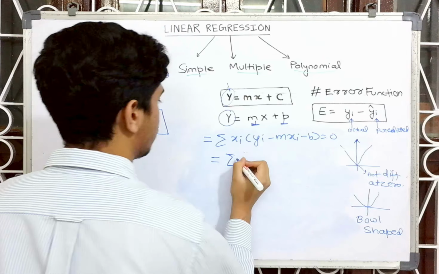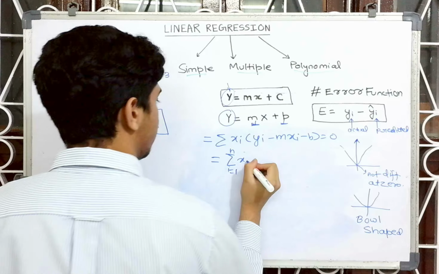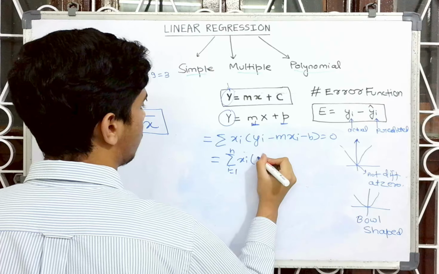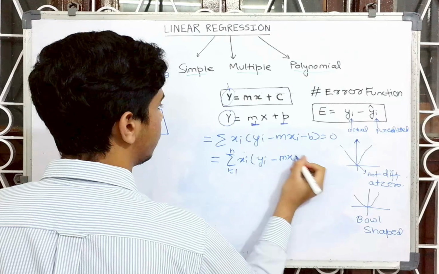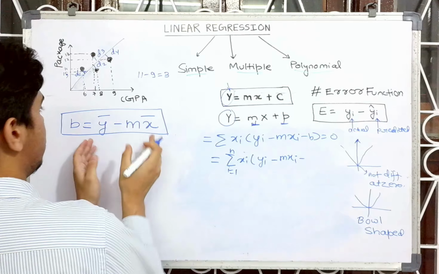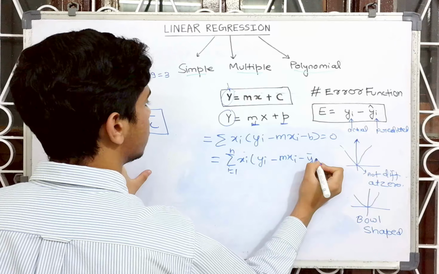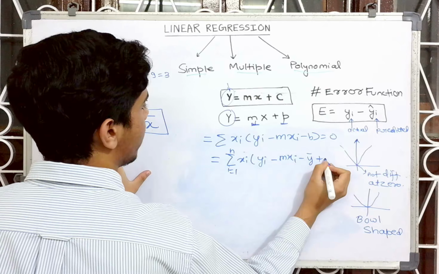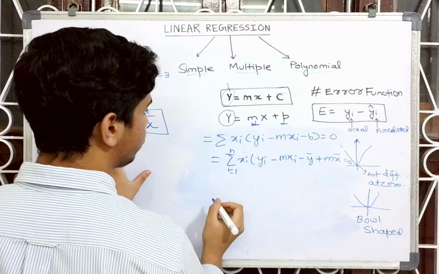that is, the summation i equals 1 to n of xi times (yi minus m xi minus (y mean minus m x mean)) equals 0.